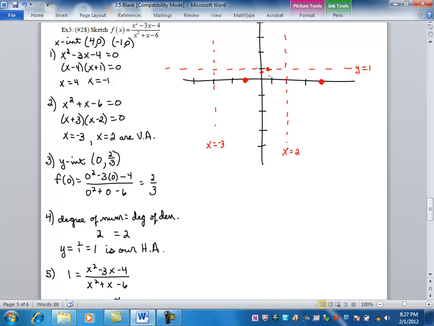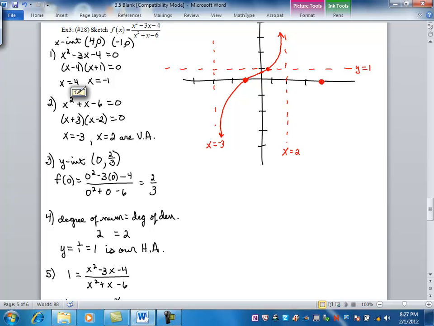Now we know quite a bit. We know that if this thing is approaching this vertical asymptote over here, it's got to be going down, because the only place it can cross this electric fence, this horizontal asymptote, is right over here. So it's bending up like that.